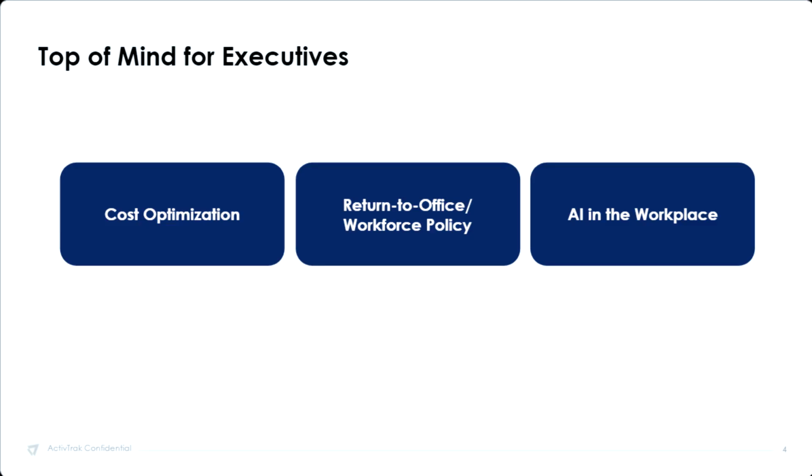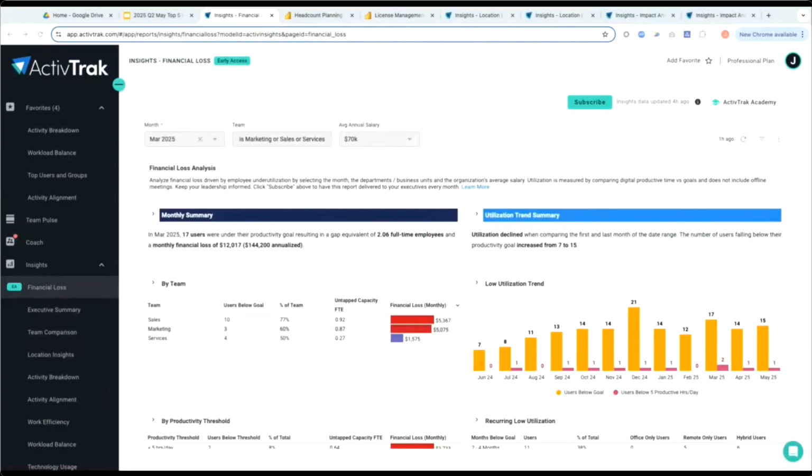All right. So hopefully everybody can start seeing my screen with a financial loss report or dashboard in front of you. The way we think about cost optimization from the product perspective starts with the concept Gabriela mentioned, which is most organizations pay salaries or pay hourly workers with an expectation of a number of hours worked, depending on the role or function of the particular individuals.